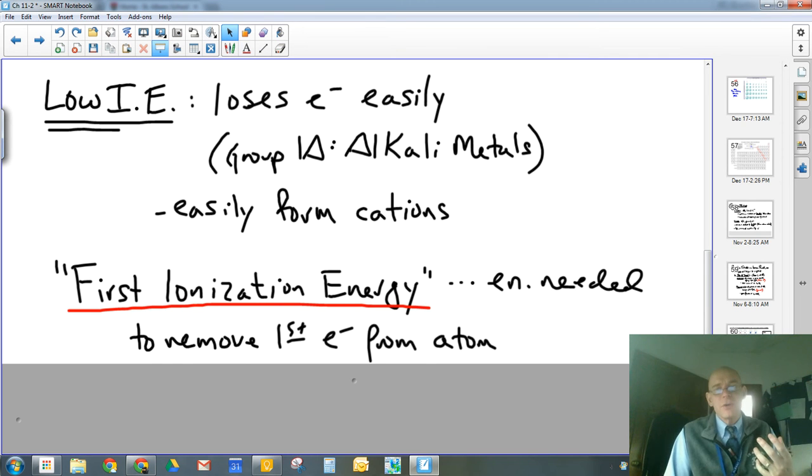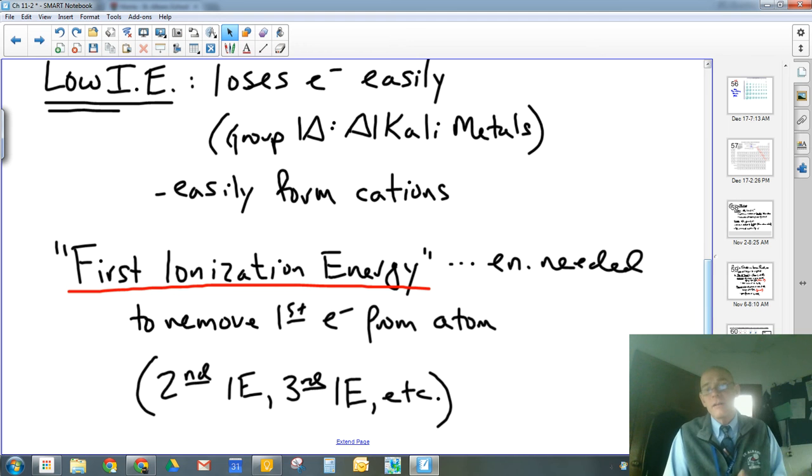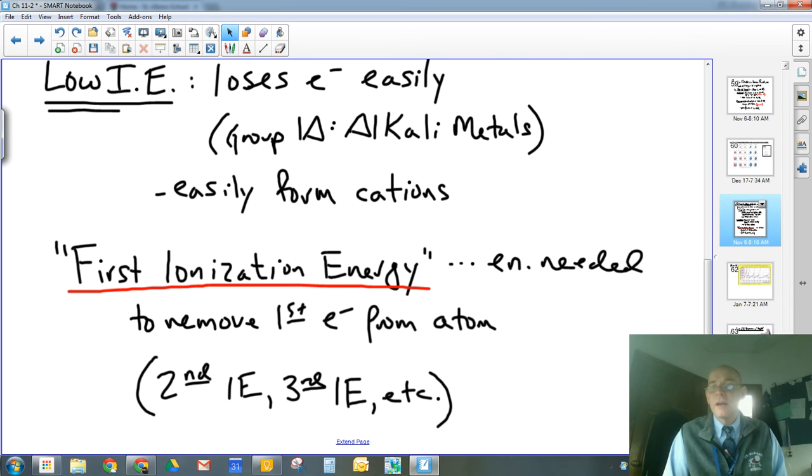How much energy would it take to pull a second electron off of an atom? Or a third electron? So these have sequential names: the first ionization energy, the second, the third ionization energy, etc. And there is a trend in those ionization energies as well. The second ionization energy is always greater than the first ionization energy.